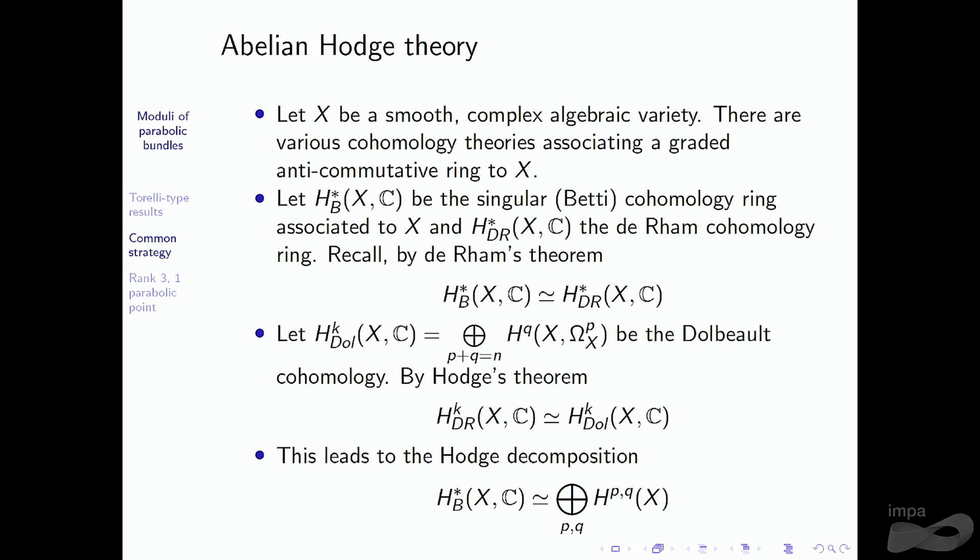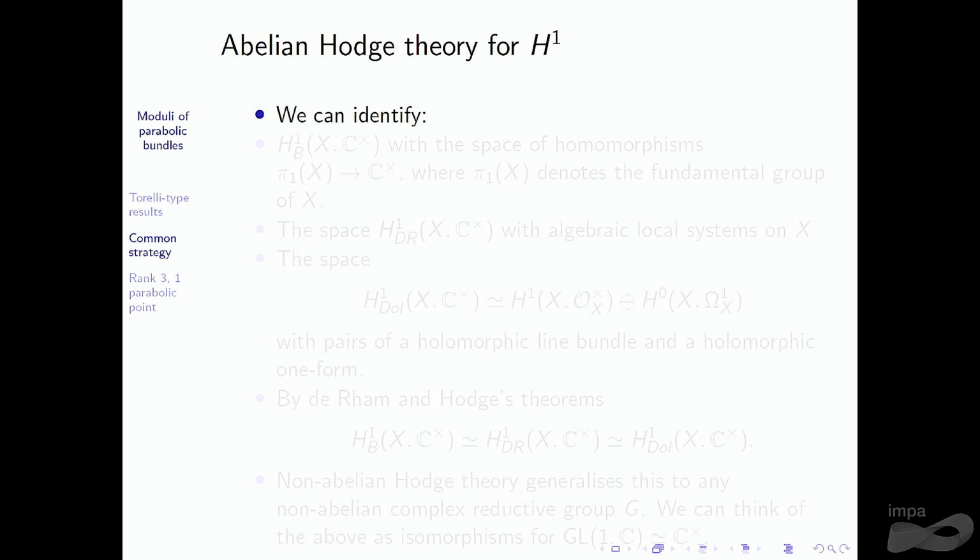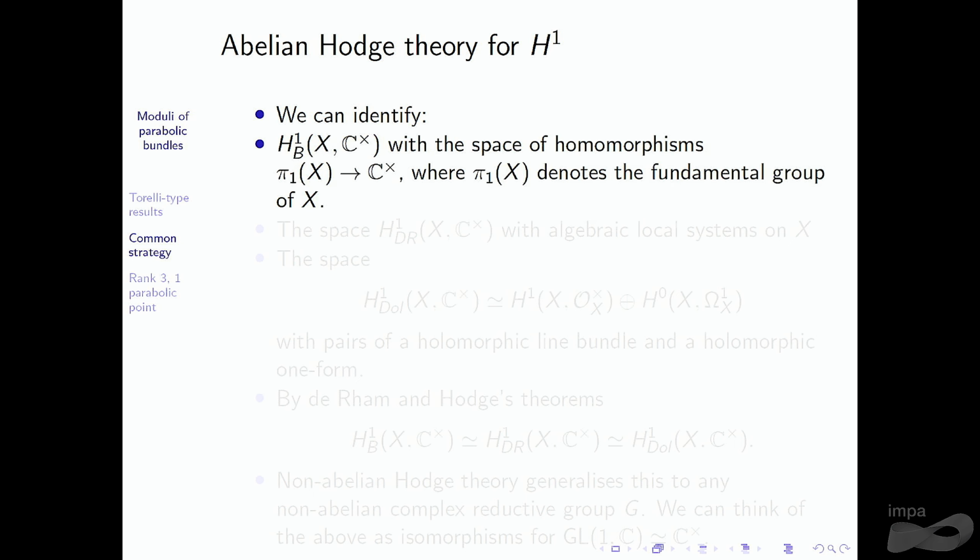Okay. So in order to prove Torelli type results, and I'm just talking about normal things here, so far I haven't gone to vector bundles. What we can do is identify H1 Betti of C star with the space of homomorphisms, where pi1 X is the fundamental group.